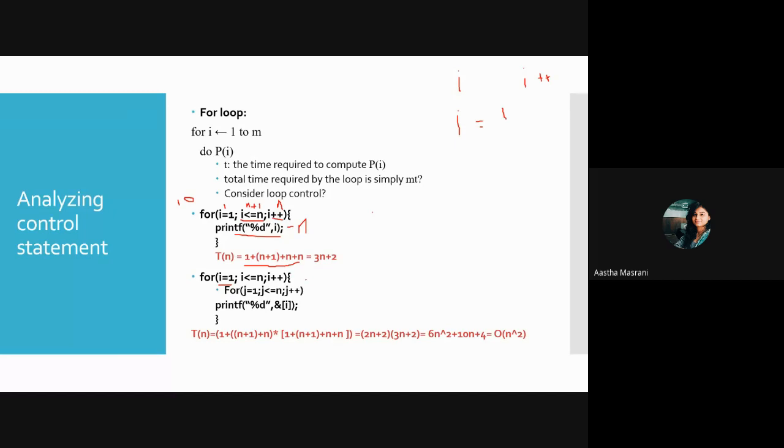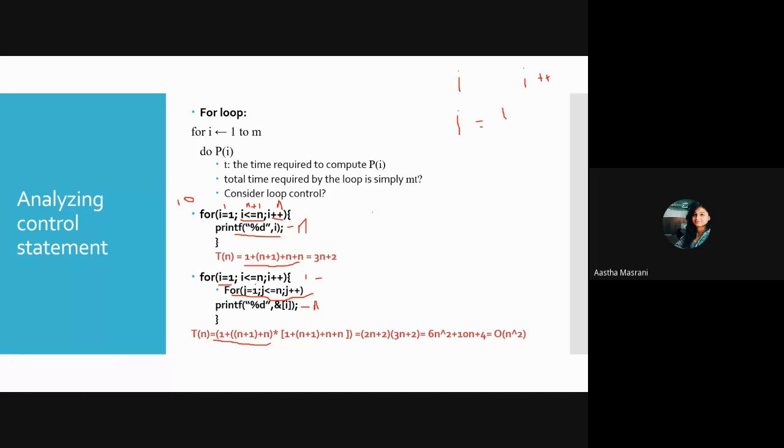Now, the first equation will be 1 plus n plus 1. This is this equation. And this equation will also be the same, that is 1 plus n plus 1 plus n. And this will be n. The printf statement will be executing n times. So over this, for the second inner loop, I'll be multiplying by n, since that loop will be running n times.